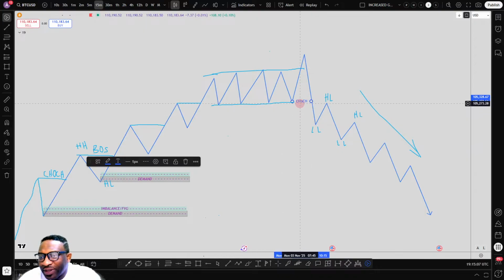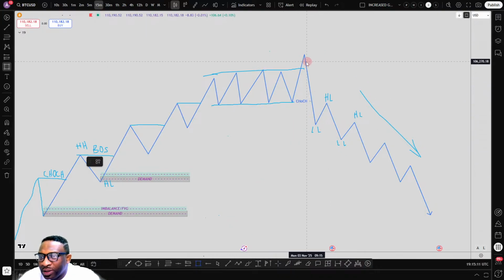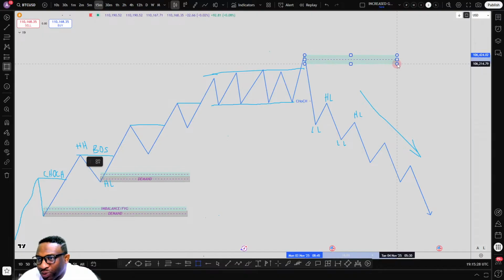So once we have this put in, all we do is look for the origin. We look for the last indecision candle that the move started from. If we have the last indecision candle from here, then this area will be our zone.